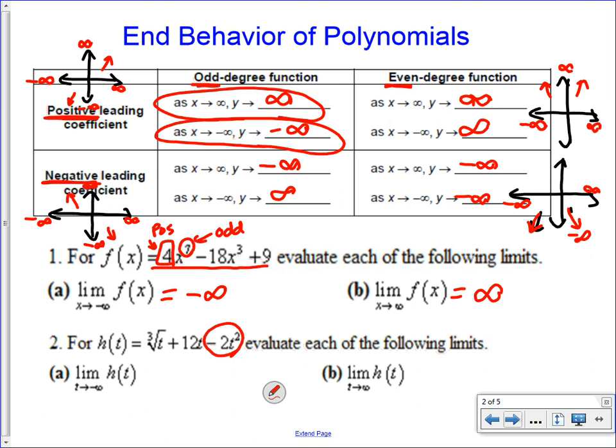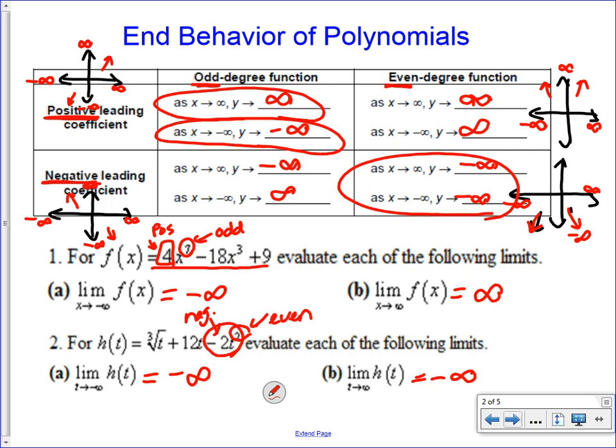So, if the degree is even and we have a negative leading coefficient, then to find our end behavior, even degree, negative leading coefficient, we're using this. Both ends are going to be down. So actually, you know that both of these are negative infinity because both ends are down, because it's an even degree, negative leading coefficient.